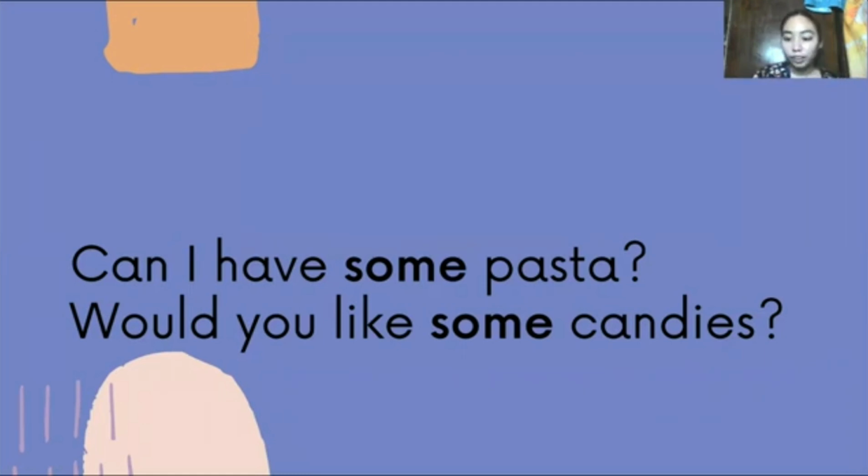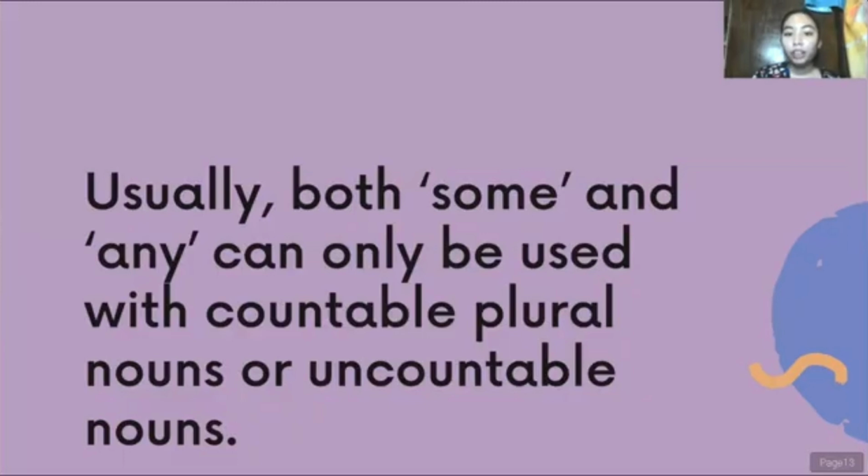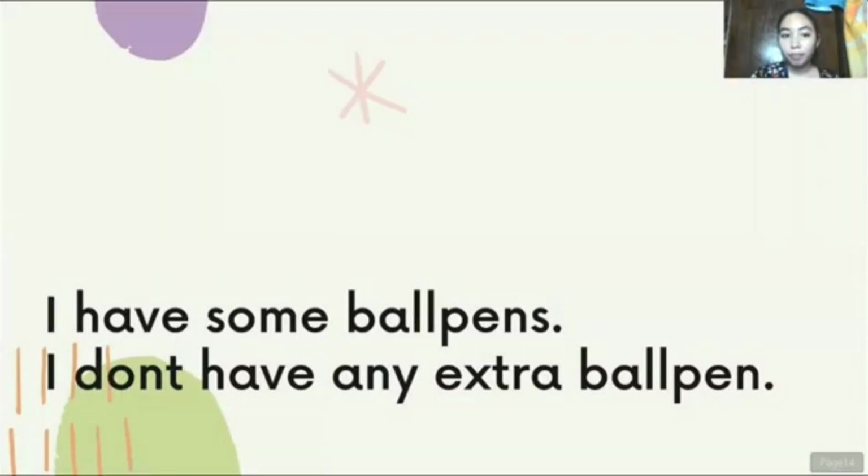Usually both some and any can be used with countable plural nouns or uncountable nouns. With countable plural nouns we use some, and with uncountable nouns we use any. For example, here I have some ball pens. Here we use some because ball pens is a countable plural noun.